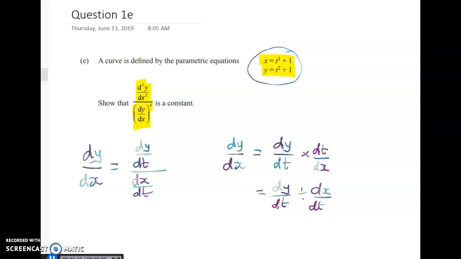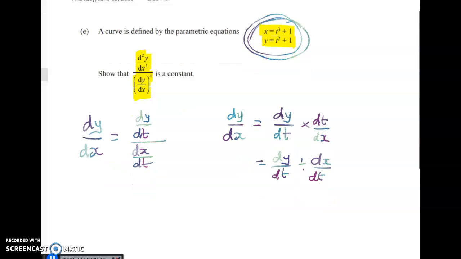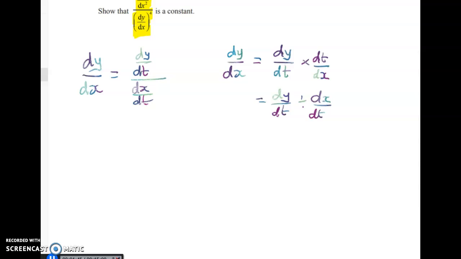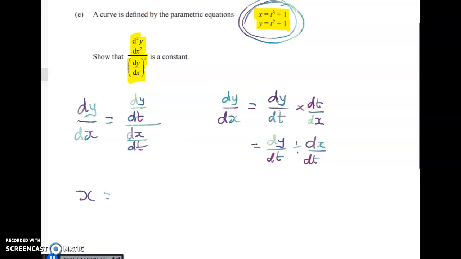So step 1 is to differentiate each of these things with respect to t. So what did we have to start with? Well, we had x was equal to t cubed plus 1. So dx by dt, sometimes just written as x dash, is 3t squared. And y was equal to t squared plus 1.